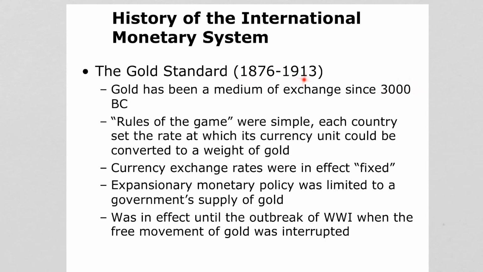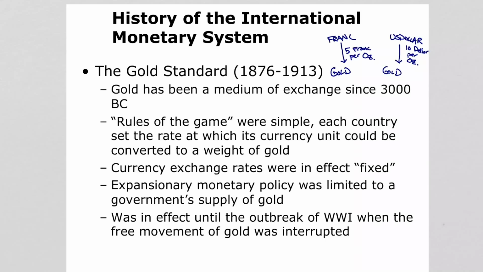And in the 1800s up until the early 1900s, currencies, whether it's the French franc, the US dollar, or the British pound, were all linked to a certain amount of gold. They were backed by gold. So each French franc could be converted, for example, to a certain number of ounces of gold. And same with the dollar.